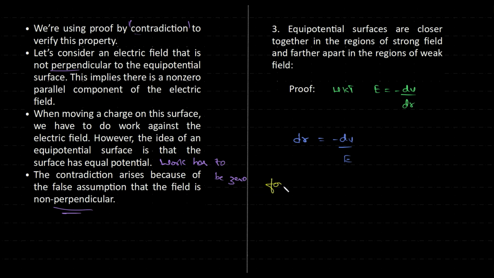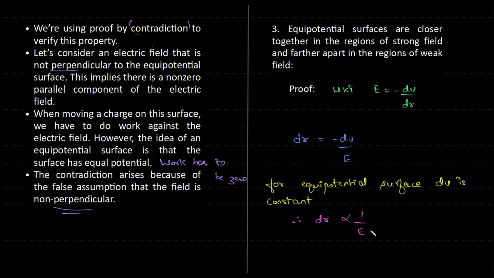So for an equipotential surface, what is happening? For an equipotential surface, dV is constant. Therefore, dr is proportional to 1 by E. So equipotential surfaces are closer together in a region of stronger field. Does it make sense?